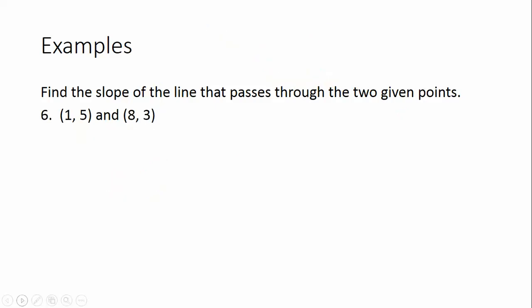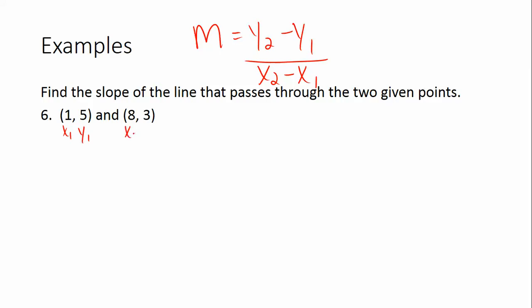I think this might be the last example, so if you want to pause the video here, try to plug the numbers into the formula on your own, and then check your answer. So we have x1, y1, and x2, y2. So the slope is going to be 3 minus 5 over 8 minus 1. y2, y1, x2, x1.